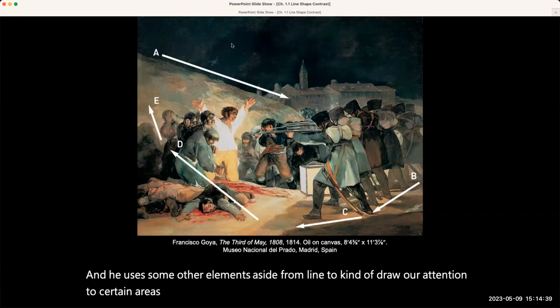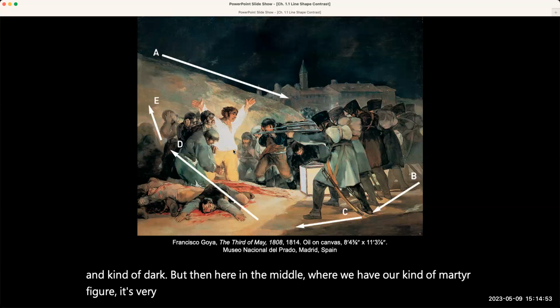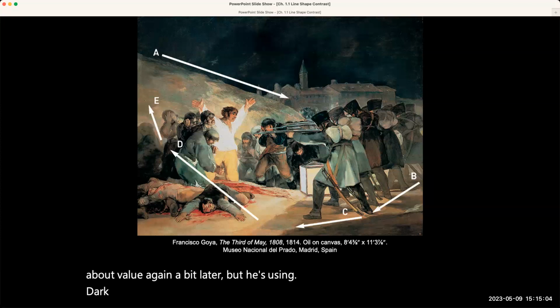For example, notice that the background here is very shadowy and dark, but then here in the middle, where we have our martyr figure, it's very bright and light. So he's using different values, which we'll talk about again a bit later, dark versus light to create a sense of contrast, which we'll come back to as well.